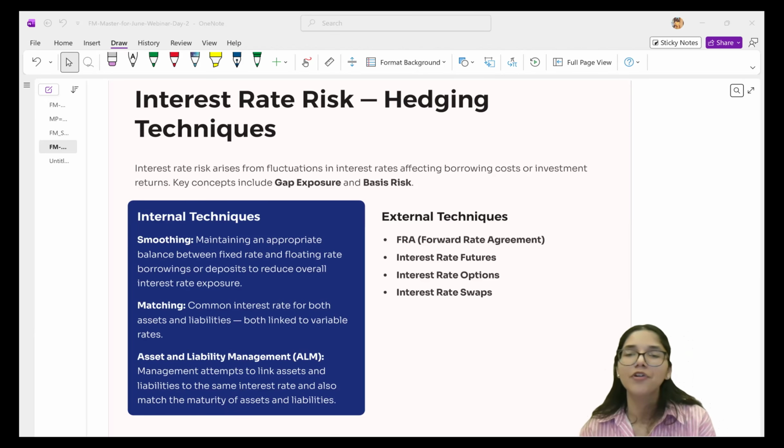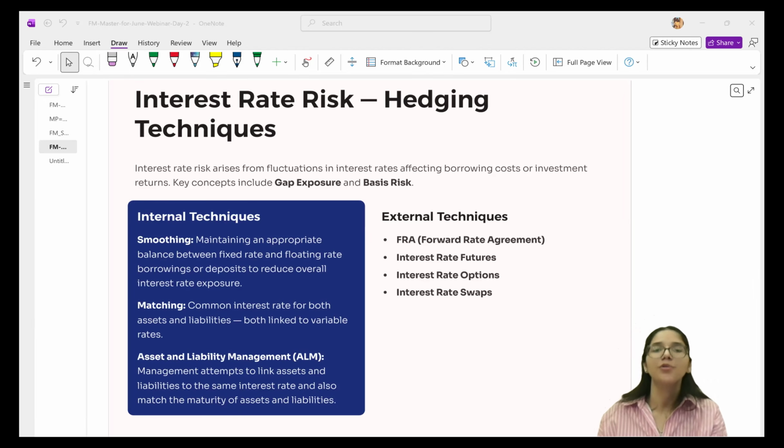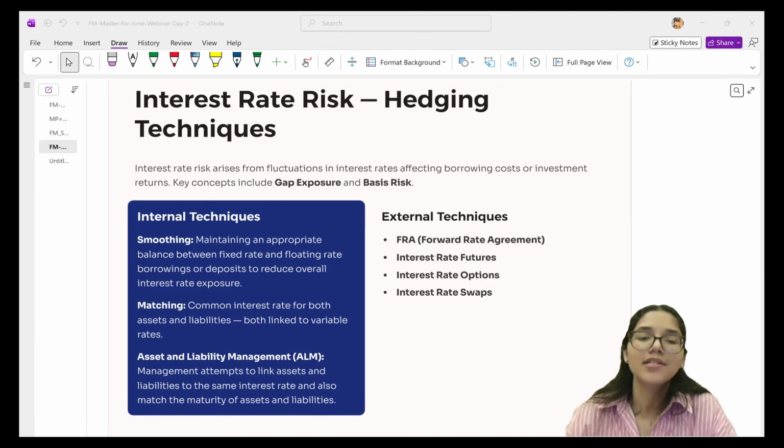So these two different rates, what happens over here is that basis risk tells you that maybe some of my assets are dependent upon SOFR, but my liabilities are dependent upon SONIA. So there's a risk that my variable interest rates may be decided on different bases. It could be SOFR for one, SONIA for another. So that risk is called as the basis risk.